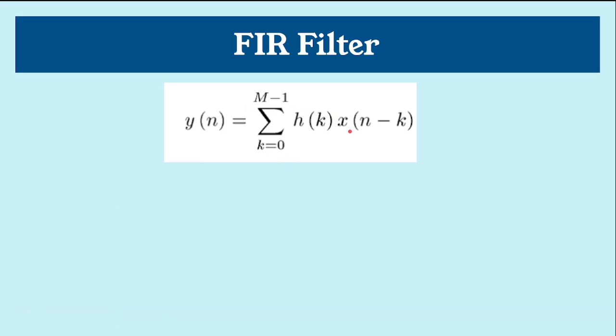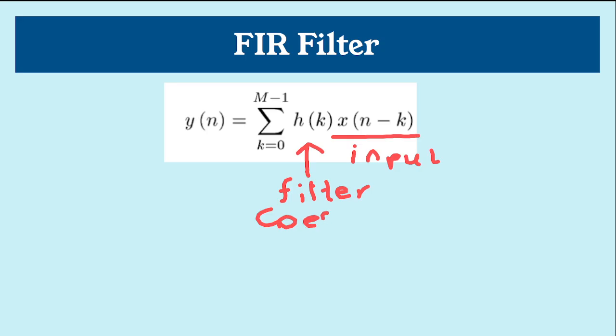If you take a look at this, this is the input. And here is h of k, which is the filter coefficients. This is the FIR filter coefficient, and you have M samples, so k ranges from 0 to M minus 1.